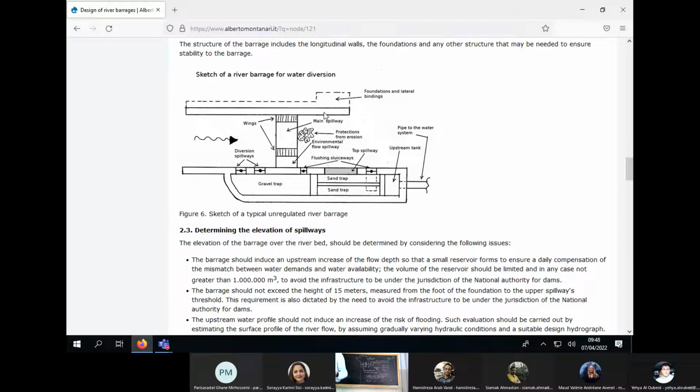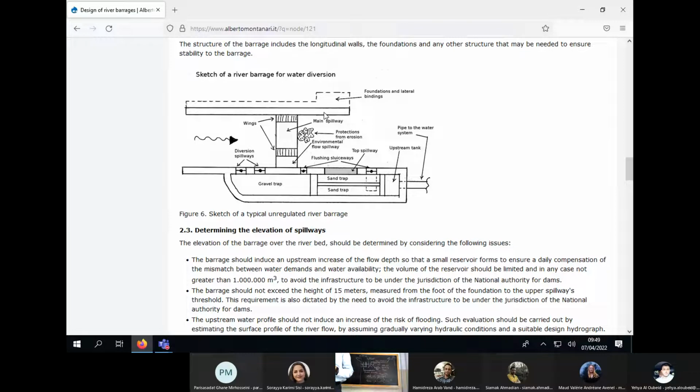We design the size of the sand trap, and usually we give as a rule of thumb that the gravel trap should have a length and a volume that is about half the length and volume of the sand trap. Here it's not really half, as you see, they are comparable, but the rule of thumb is let's design the sand trap, and then once the sand trap is designed, the gravel trap is about half its extension.